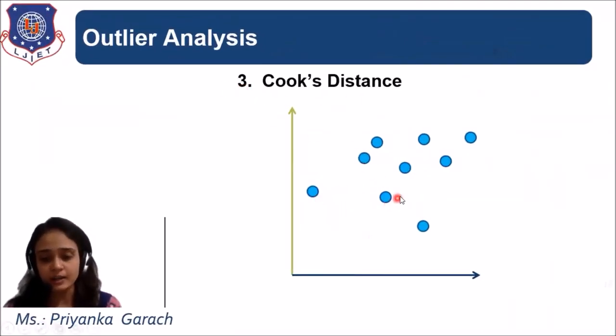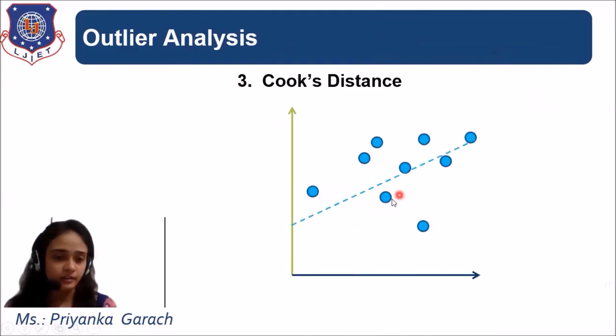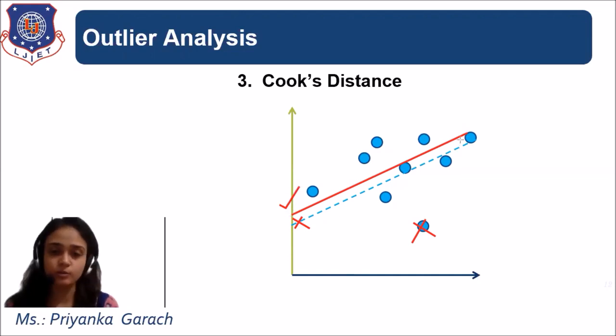Just for an example, suppose I have one regression line like this. Now if I remove one particular point, suppose I am excluding this particular point, and suppose this is my outlier, then my regression line can be like this. That is, instead of this particular position, my regression line will be at this position that I have drawn with the red line.